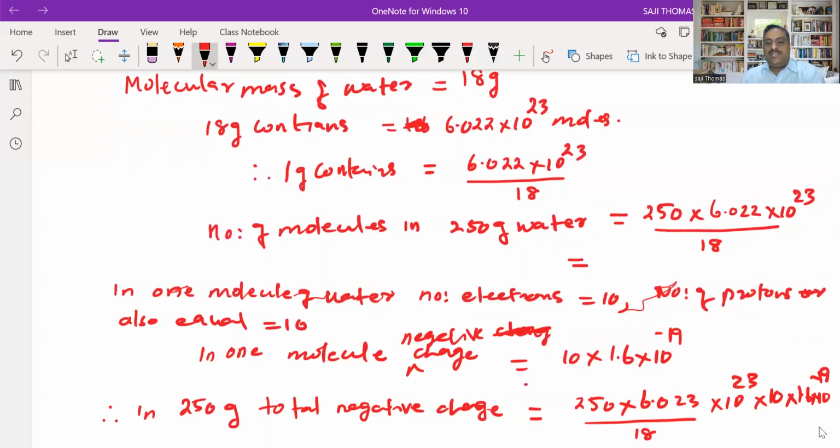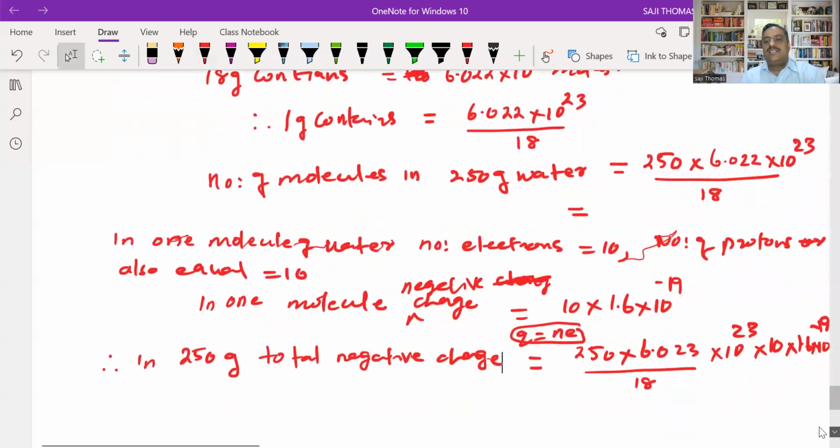So here, which equation do we use? Q is equal to Ne only. The formula used is Q equals Ne, right? N is the total number of molecules into the charge.